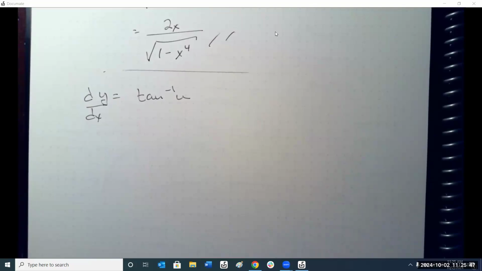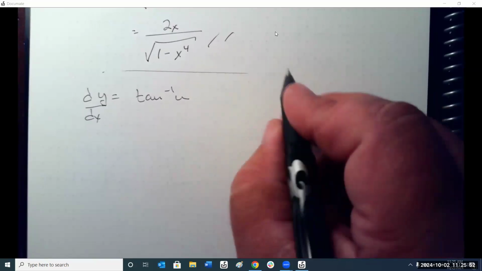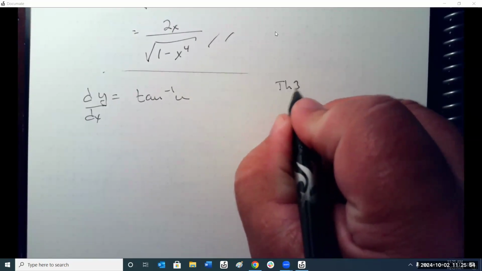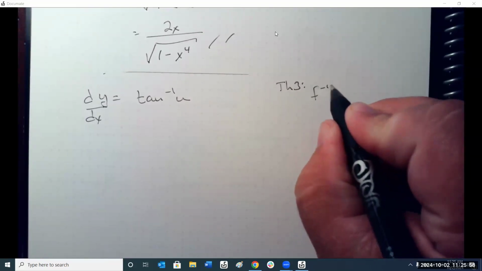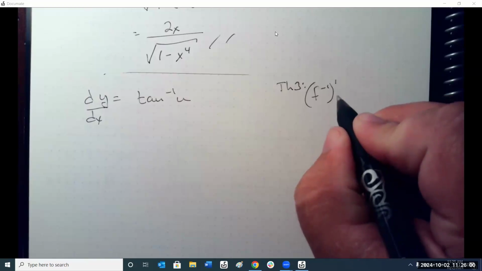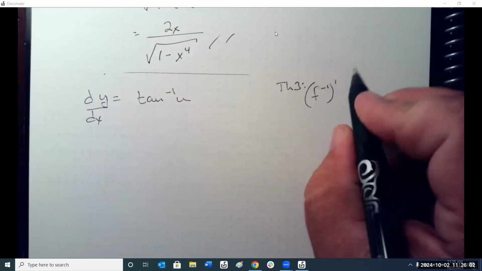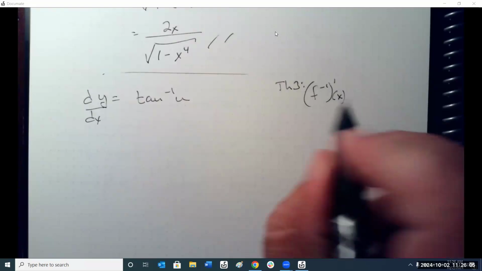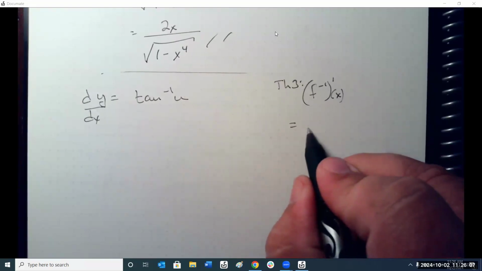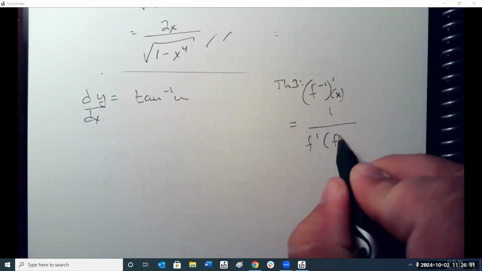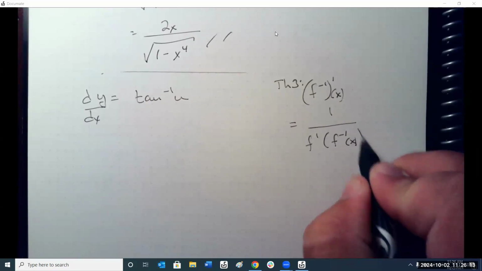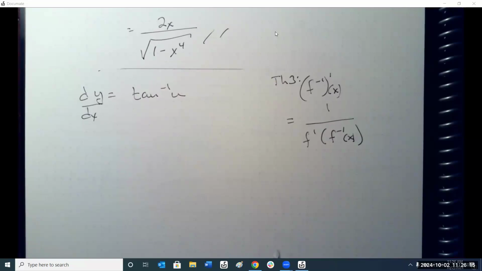Again, theorem 3 is going to be our saver. Derivative of the inverse f of x is equal to 1 over f prime of f inverse. We'll be using this pretty much all the time.